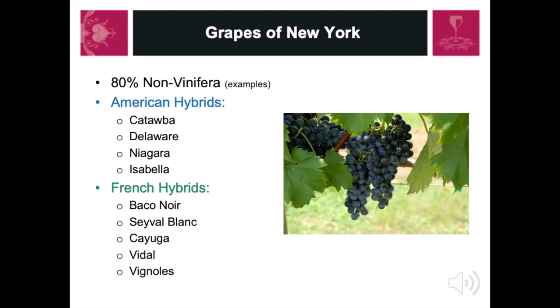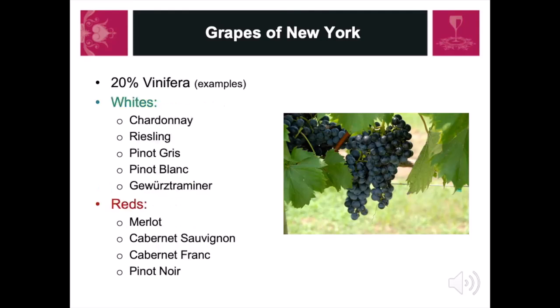And you have things like Seyval Blanc and Vidal that are particularly successful in the Finger Lakes and can make dry styles, and are grapes that are very successful when infected with botrytis and can make really, really rewarding sweet wines as well. So again, let me know if you try any of these interesting non-vinifera wines out there. And let's talk about geography now.